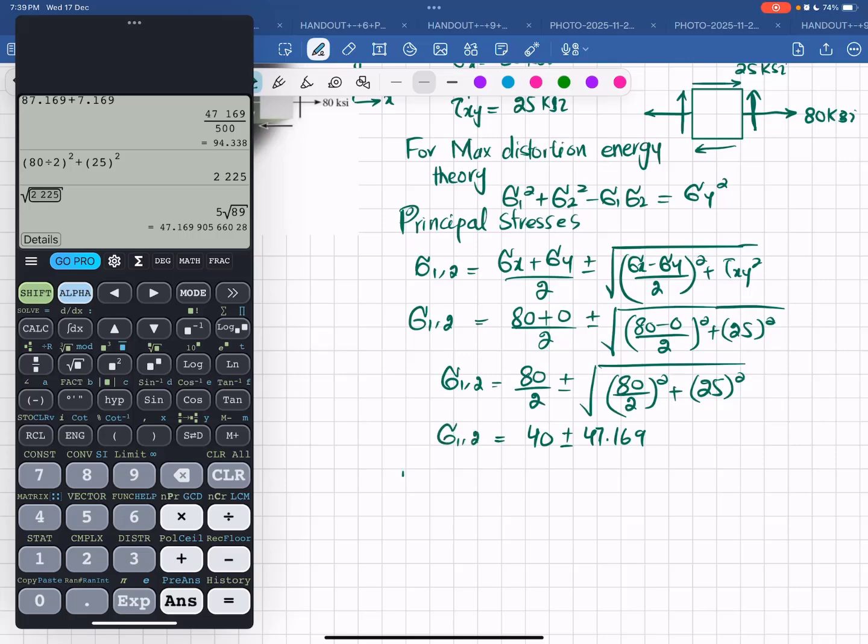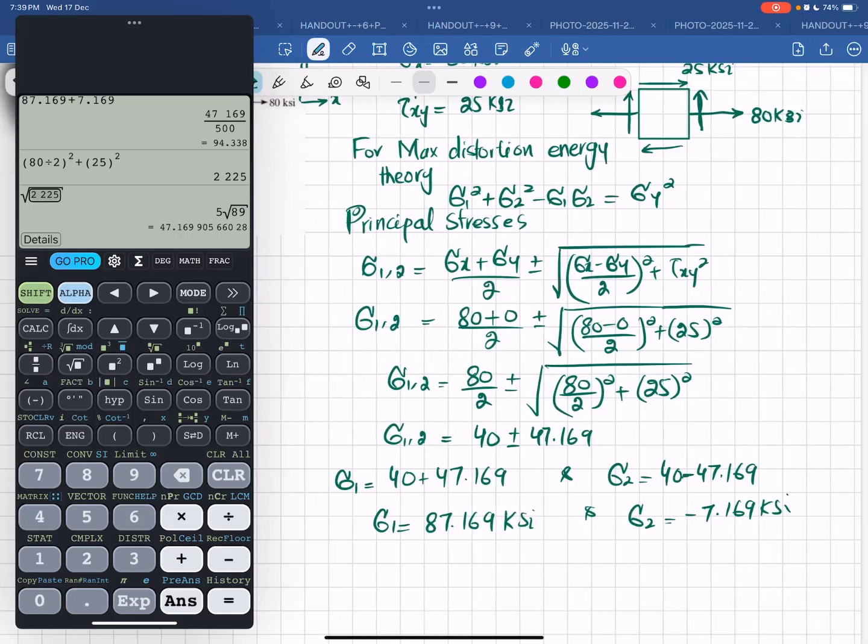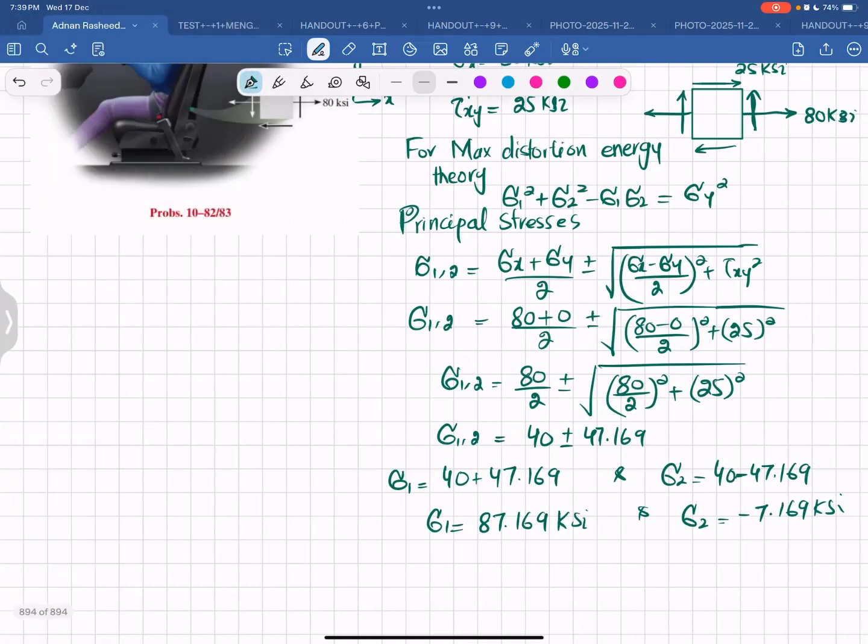So sigma 1 will be equal to 40 plus 47.169, and sigma 2 will be equal to 40 minus 47.169 ksi. So here we will get sigma 1 as 87.169 ksi, and sigma 2 will be equal to minus 7.169 ksi. Now you have both values of sigma 1 and sigma 2.